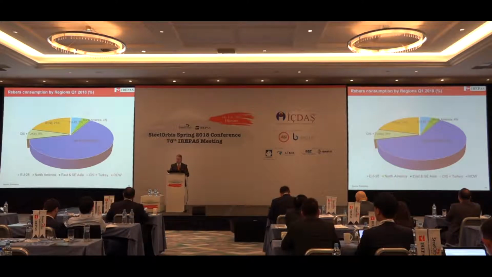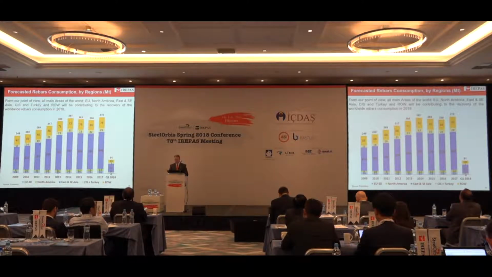So the picture of global rebars consumption is East and Southeast Asia 63%, Turkey plus this 8%, North America 4%, European Union 5%, and rest of the world 21%.